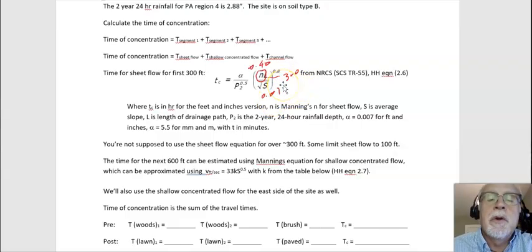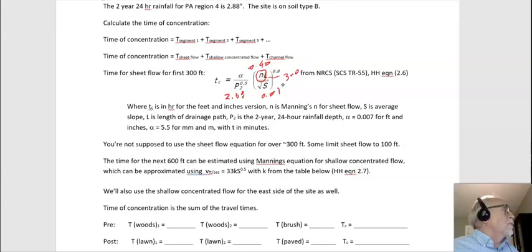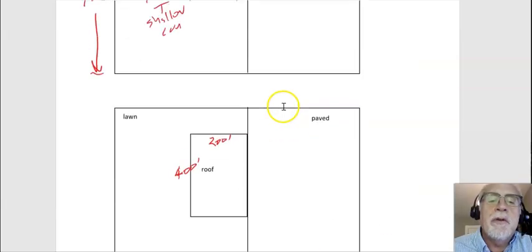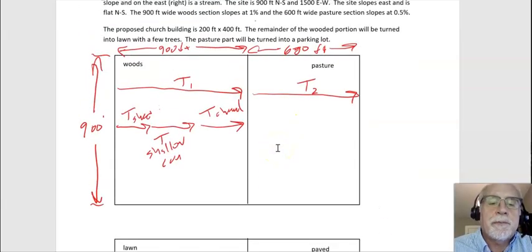The number given for the 2-year 24-hour storm is 2.88 inches. So we calculate that, and my spreadsheet says 72 minutes, or 1.2 hours. That's just for the first 300 feet.